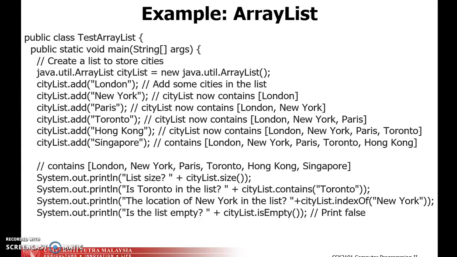Then we move to the second section of the program. It is clear that this section will produce output from the System.out.println statements. What's important here is that you can look at how this program implements some of the built-in methods for ArrayList, which we went through in the previous slide, such as cityList.size, cityList.contains, cityList.indexOf, and cityList.isEmpty.